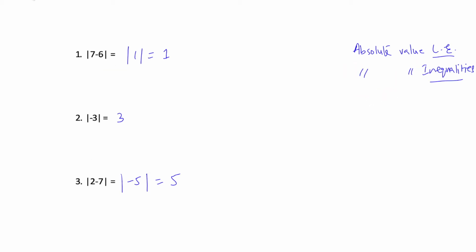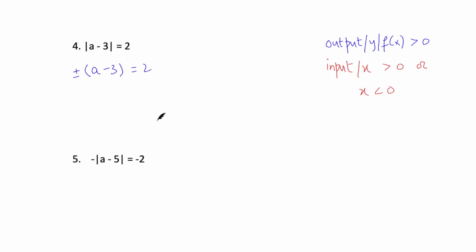If you remember this part, you see the input, it's minus 5. So x can be negative, but the output will always be positive. Hence, we need to take care of that. That is why we put plus minus, and we will always get two answers. Whenever you have an absolute value linear equation, you will get two answers. One for the positive sign and one with the negative sign.